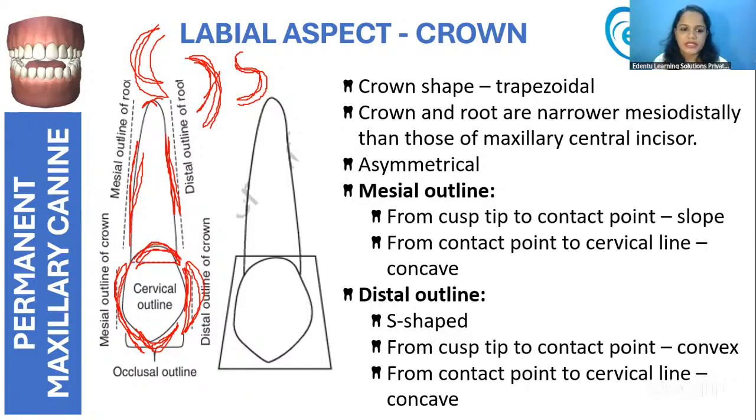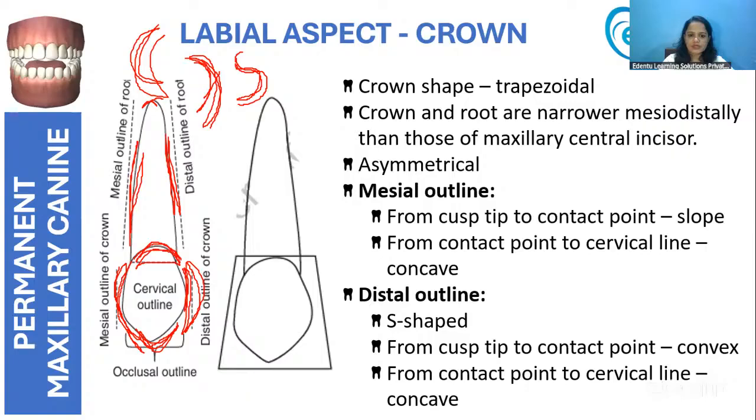Sorry for the technical problem. So I hope you all understand the various outlines of the crown and the root. Now, if you look at the mesial outline, what I am referring to is this outline.